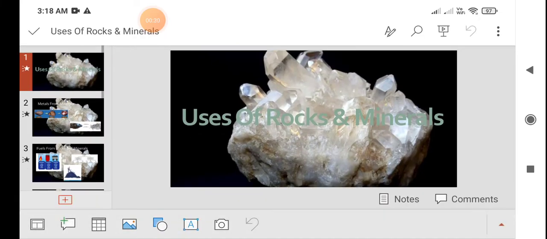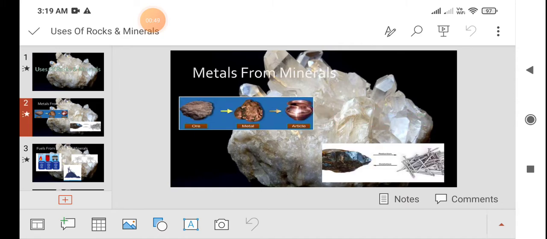We'll see. You learnt in the previous class that rocks are a composition of different minerals. They may be formed from a single mineral or from different minerals. Different metals are extracted or mined from the different minerals.